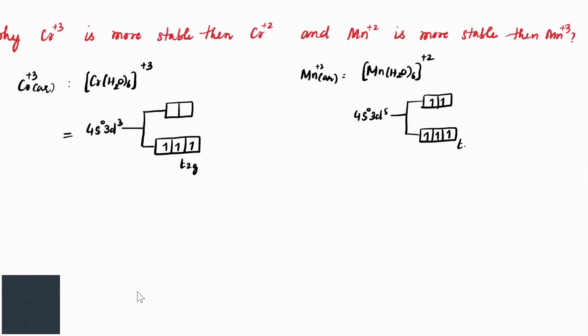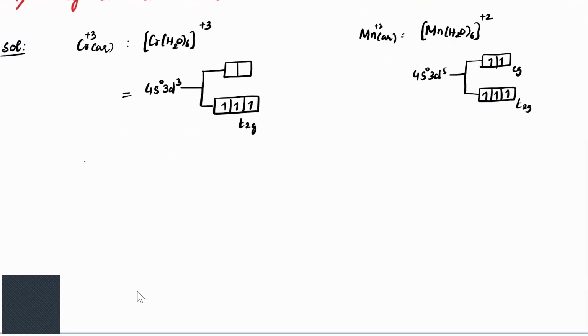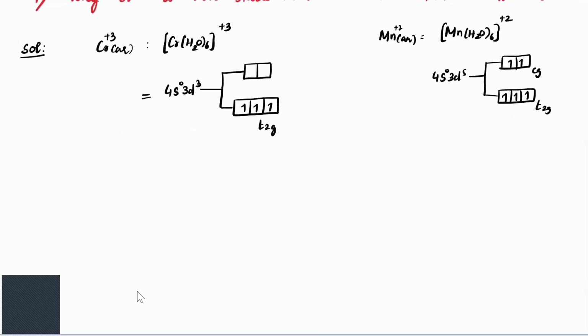So this is t2g and this is eg. Okay. In case of chromium plus 3, we explain the stability on the basis of t2g. Half-filled t2g makes Cr plus 3 more stable than Cr plus 2.